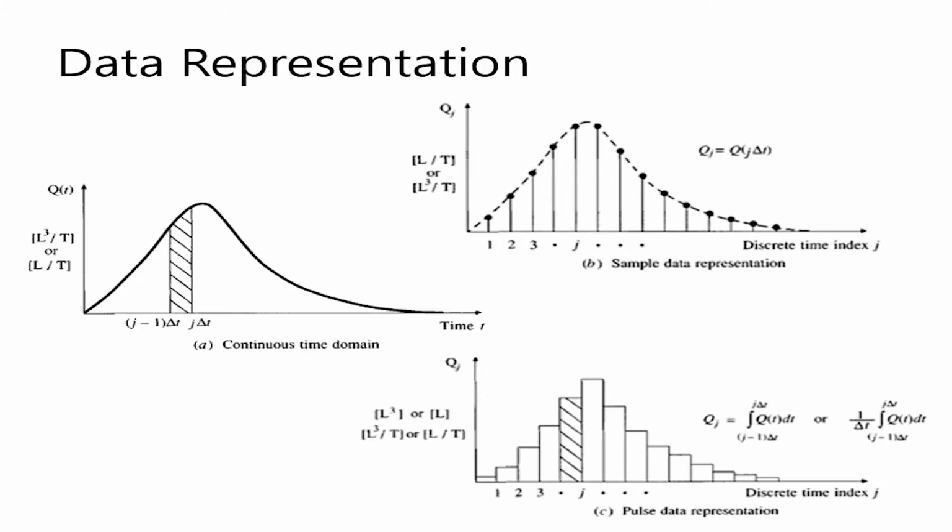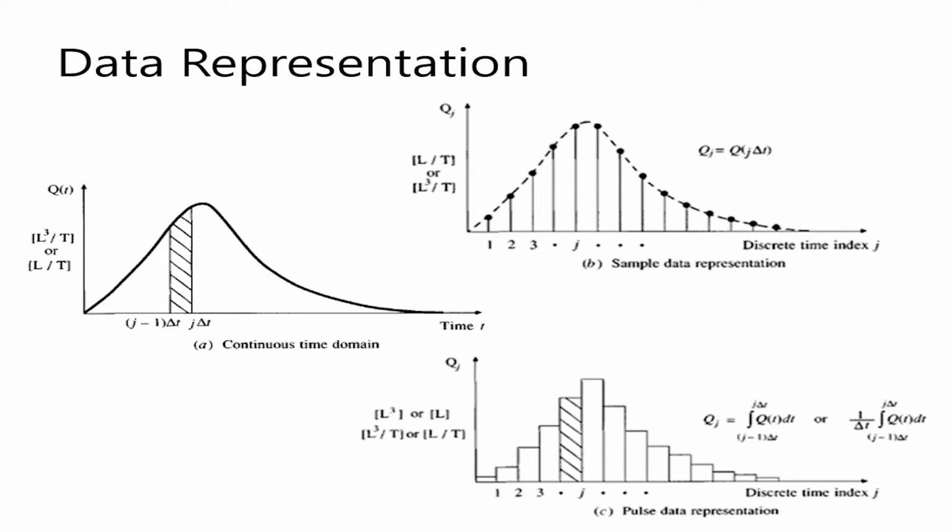So this is the data representation. This is either inflow to the watershed or outflow from the watershed, because at the outlet we are measuring that flow rate. In the case of outflow, we are measuring it at the outlet, and for that we use some kind of flow rate measuring instrument.